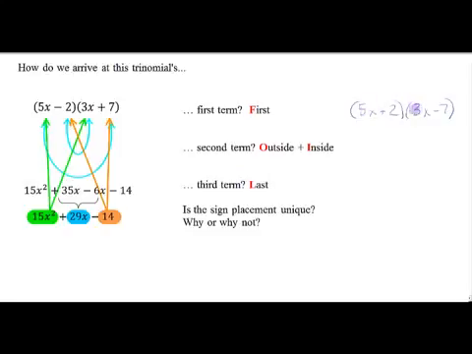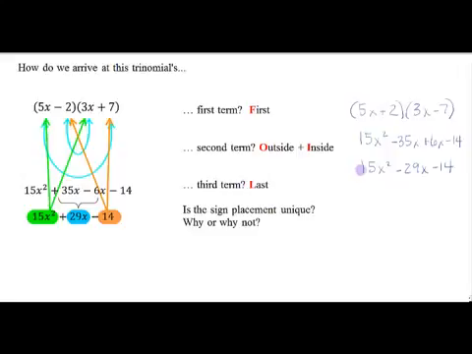Well, 5x times 3x is 15x squared. I have a negative 35x. I have a positive 6x. And I have a negative 14. When I combine like terms, I'll have 15x squared, negative 29x, and a negative 14.